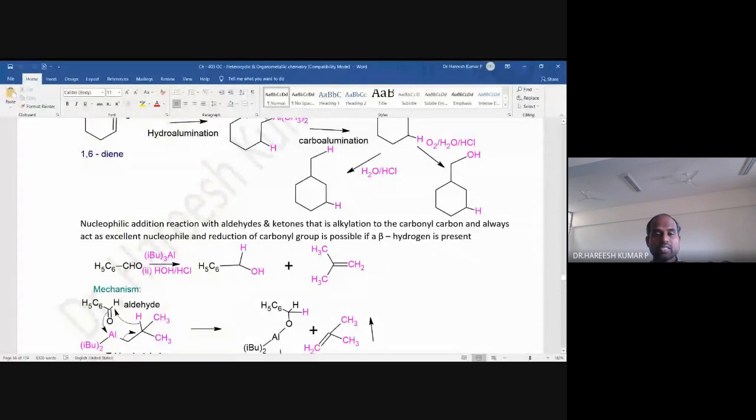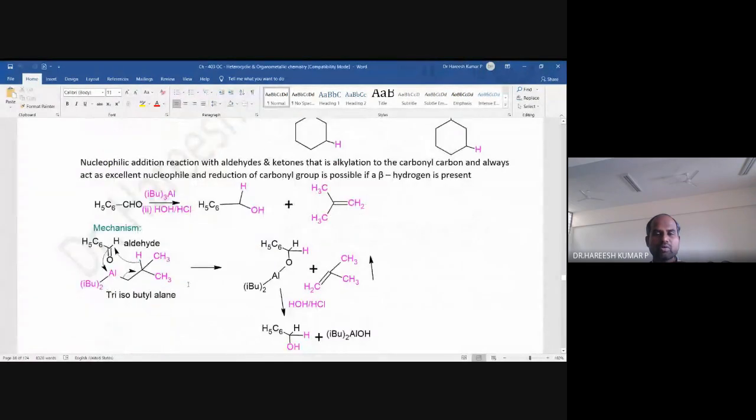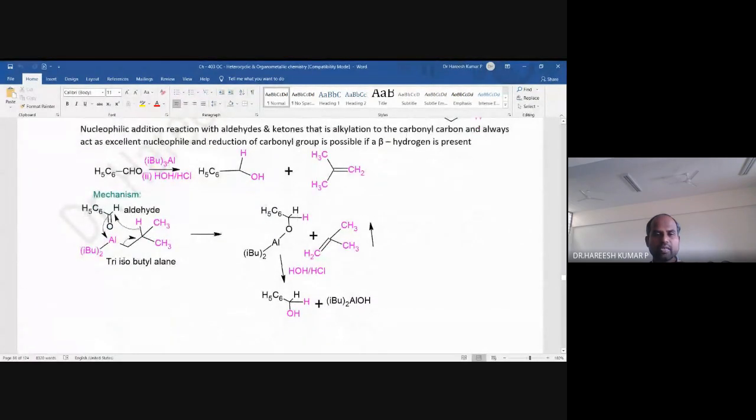So here what is the reagent? The reagent is triisobutyl alane. Triisobutyl alane adds to the aldehyde. How is it adding? For that we need to look into the mechanism. Look here. This is an isobutyl group, and this isobutyl group is bonded with aluminum. This aluminum is bonded with 2 molecules of isobutyl moiety.